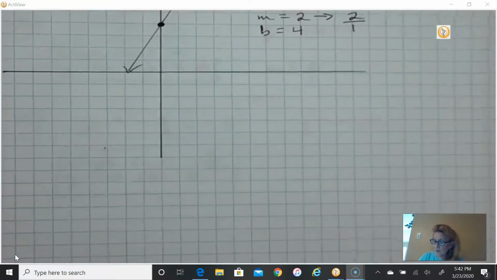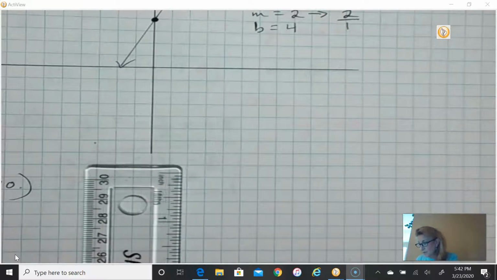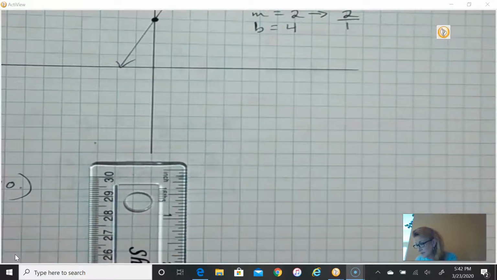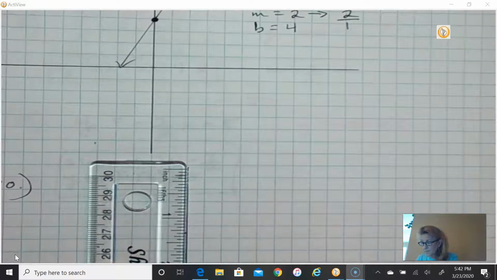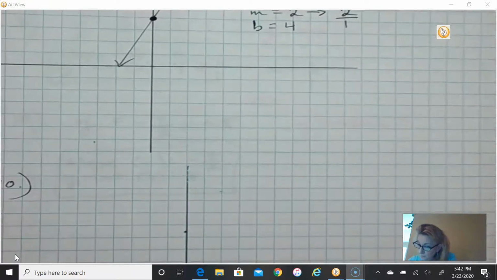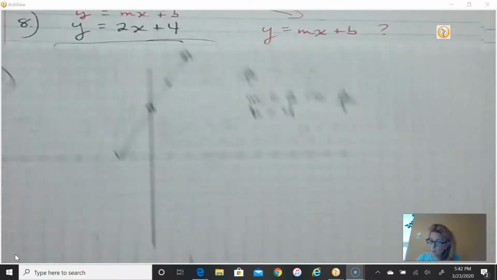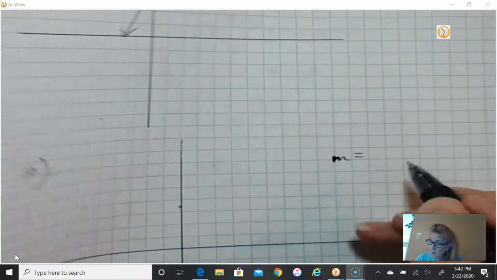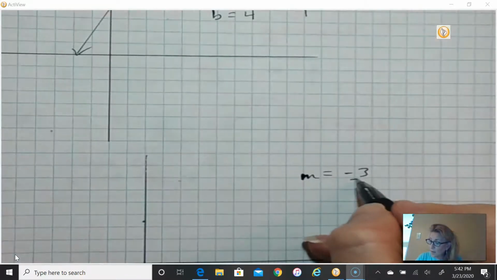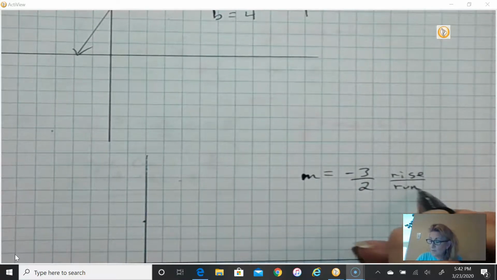Let's do number 10 right here. Let's graph it. Because you're going to have to be able to graph these. Okay, so for 10, the slope was -3/2. Remember, that's rise over run.